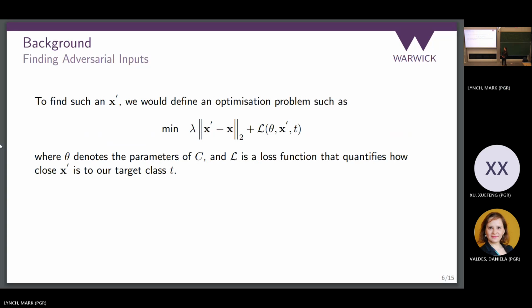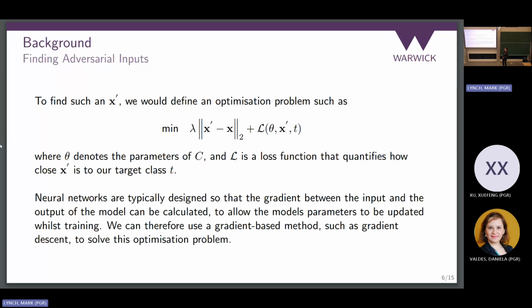This loss function typically looks similar to the kind of loss function we'd use to train our neural network. Because of that, and because of the way neural networks are designed, we can actually calculate the gradients all the way through the neural network. So this optimization problem is actually quite easy to solve using some sort of gradient-based method.